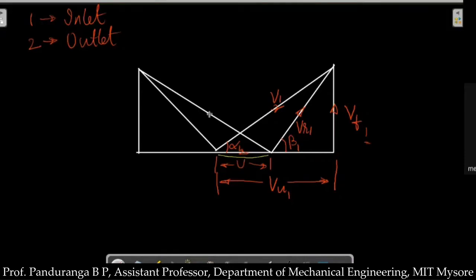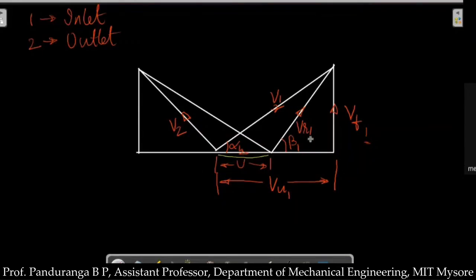So now let's come to the outlet velocity triangle. Where v1 ends, v2 will start. This line cutting one end of u, we call v2.